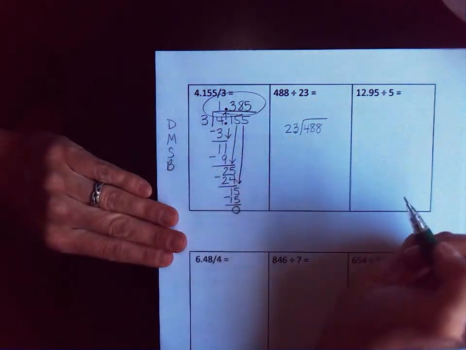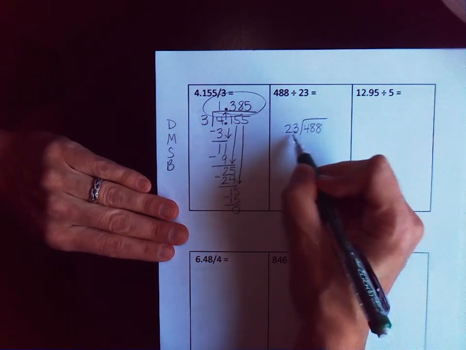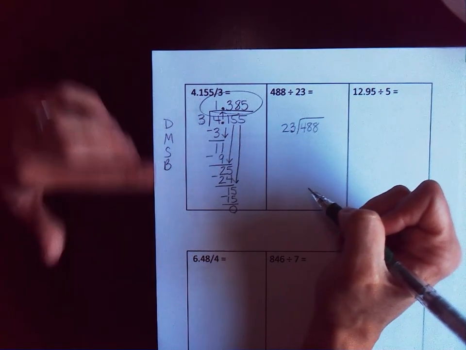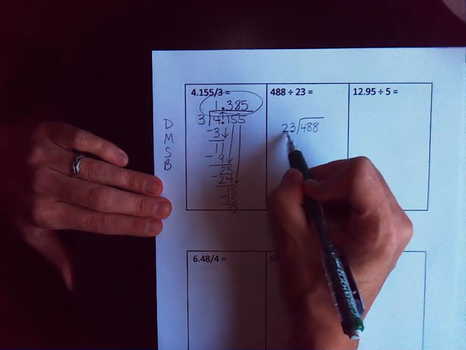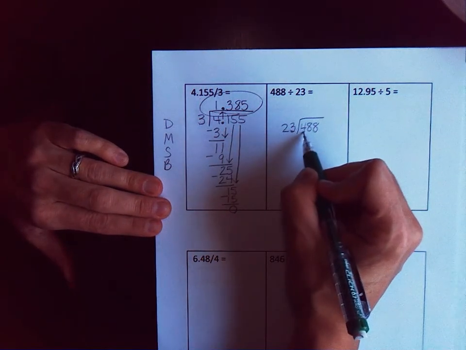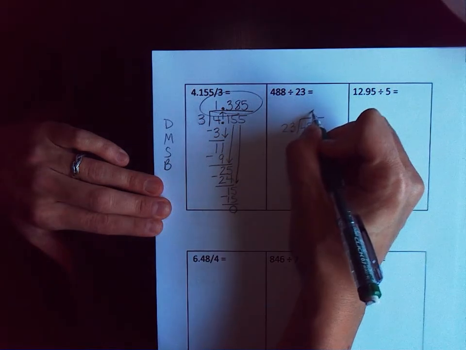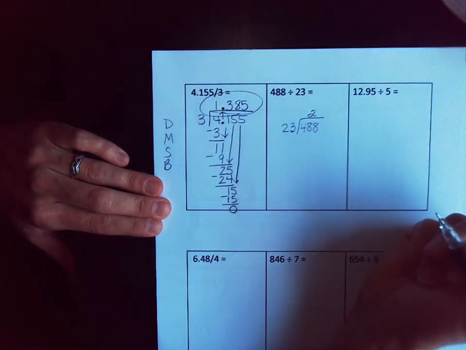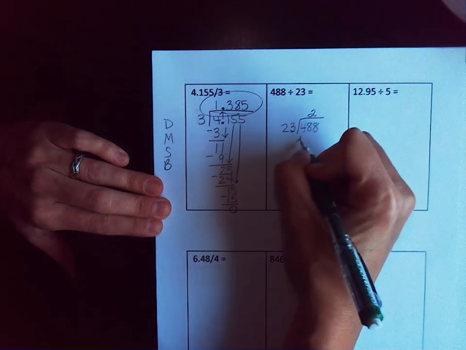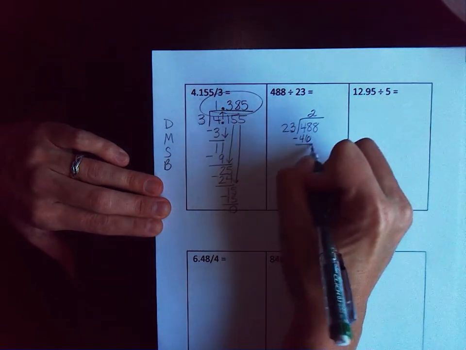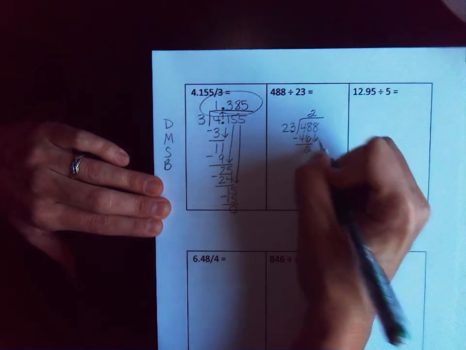So it will show up. Right now, it just looks like dividing whole numbers by whole numbers using our regular long division. 23 does not go into 4, so we need to look, does 23 go into 48? Yes, it does 2 times. So 23 times 2 is 46. When I subtract, I get 2. I bring down my 8.